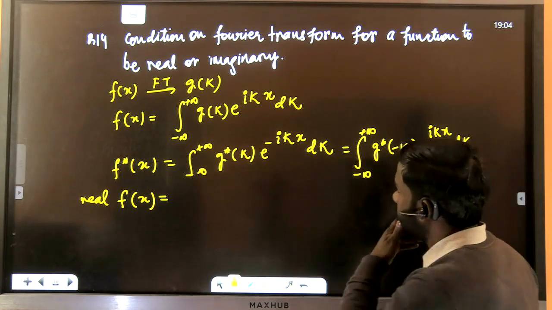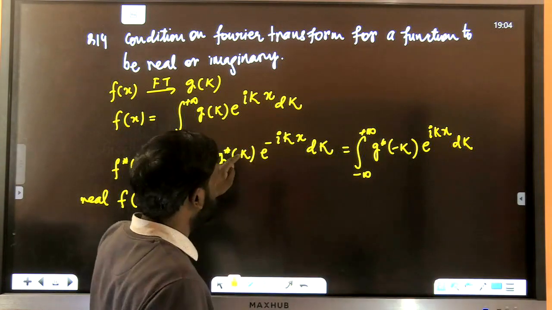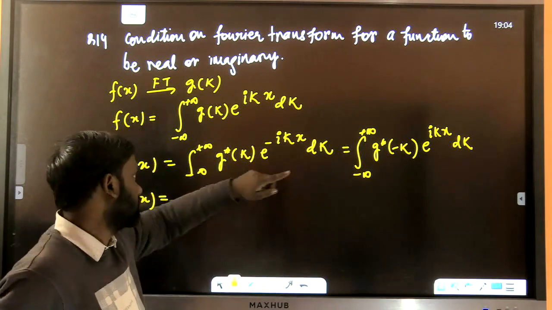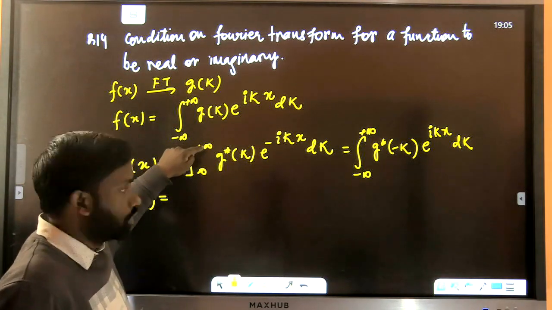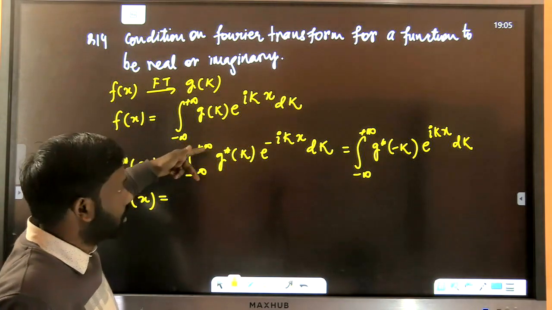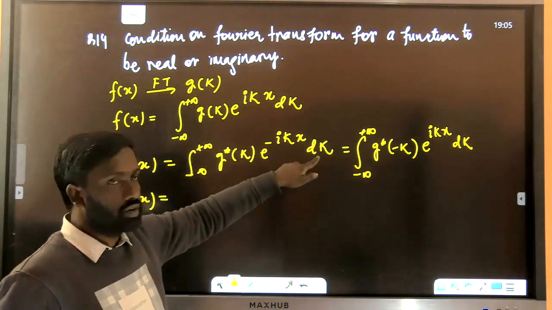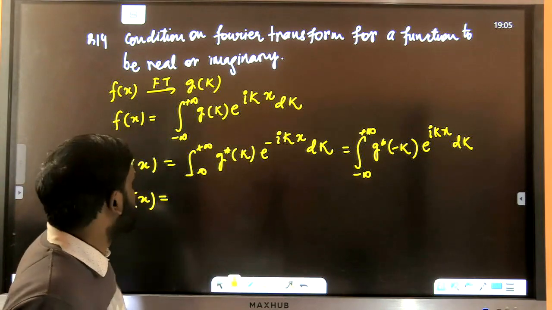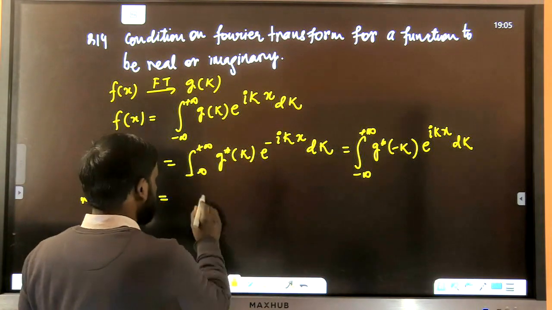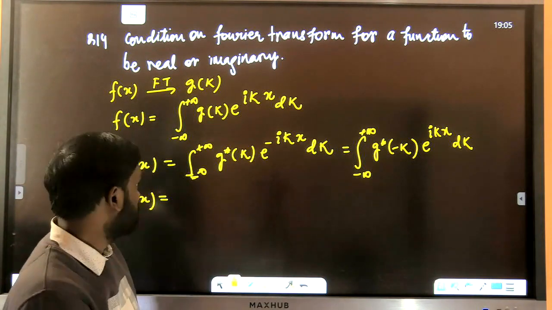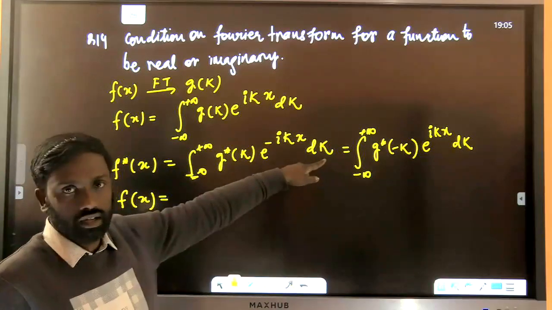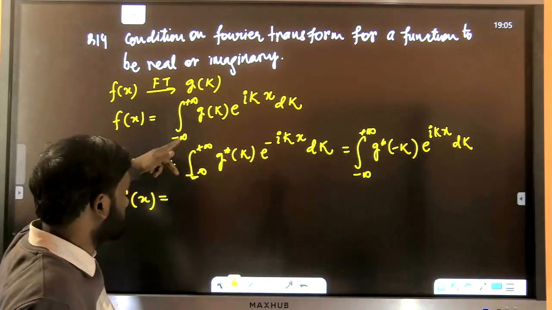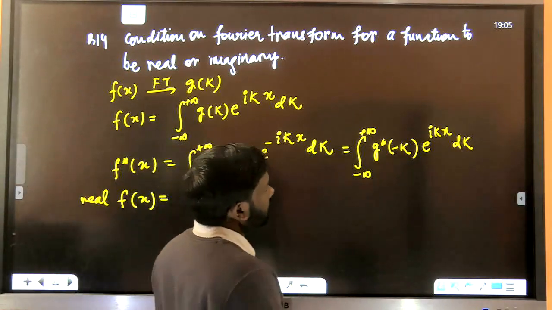When you replace k by minus k, there will be a minus sign, and the limits become positive infinity to negative infinity. So to absorb that minus sign, we switch the limits. That's what we get.